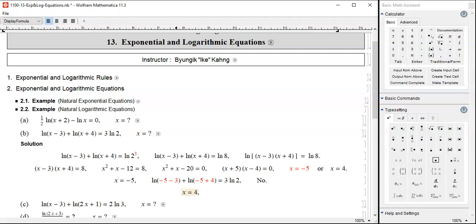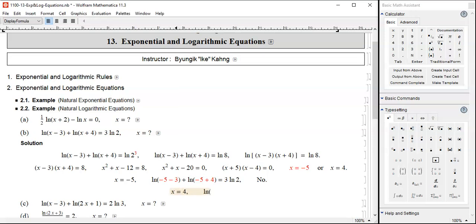When x is 4: log of (4 minus 3) plus log of (4 plus 4) equals 3 log of 2. Is that right? Log of 1 is 0, then log of 8, and then log of 2 to the third power, and therefore we have log of 8 equals log of 8.